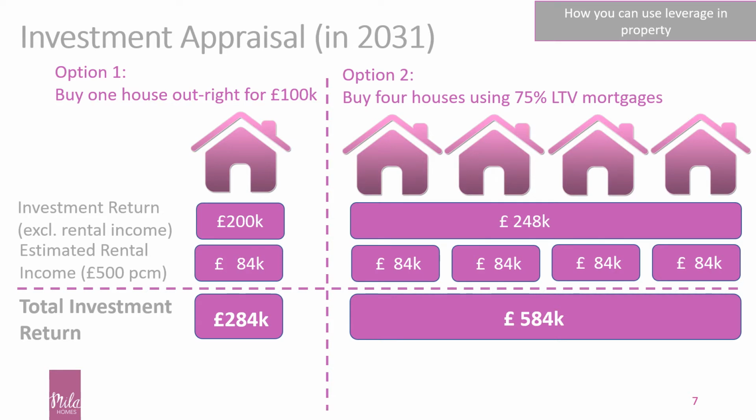So again, assuming that we would have a tenant in there paying £500 per calendar month for those 14 years, we'd have 84,000 for every single one of those 4 properties, which means we would have 584,000 against 284,000 in option one. So that's £300,000 more from simply using buy-to-let mortgages as a leveraging tool. You can effectively double your money with the exact same amount of lump sum cash that you had to invest.